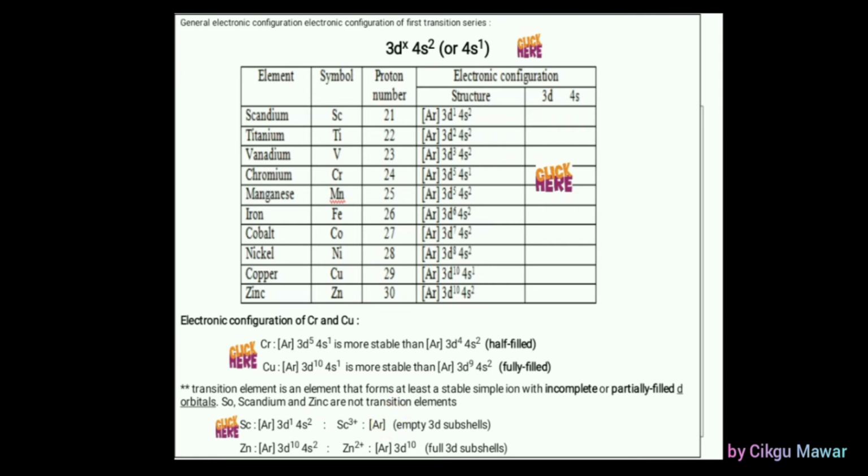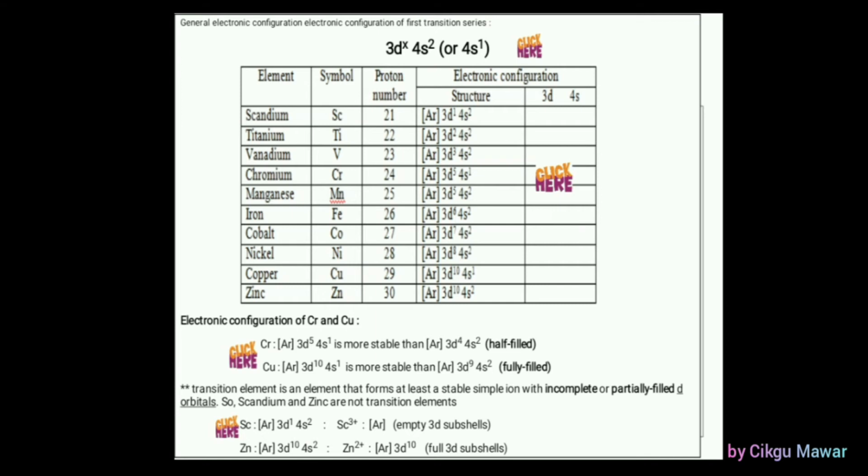So we can see the 3d subshell for the scandium ion is empty. This doesn't follow the definition of a transition element, which must have an incomplete or partially filled d orbital when it forms a simple ion. So scandium is not a transition element because scandium 3+ has an empty 3d orbital.